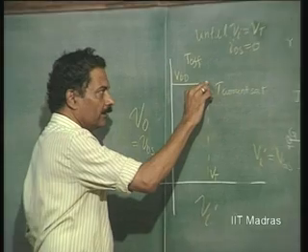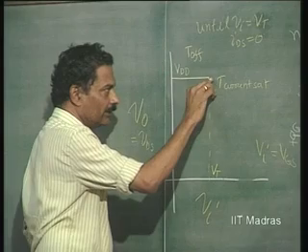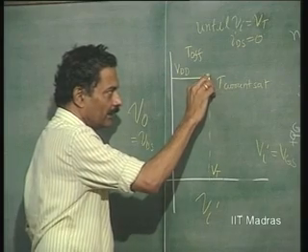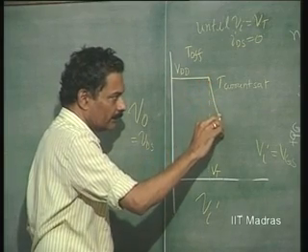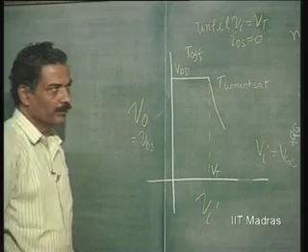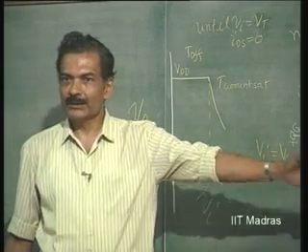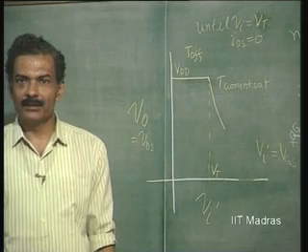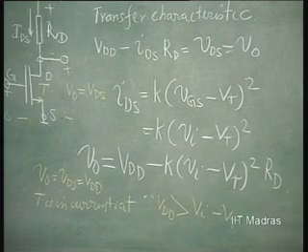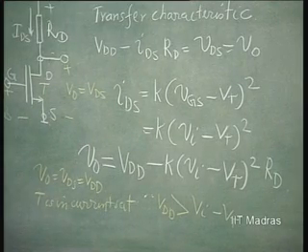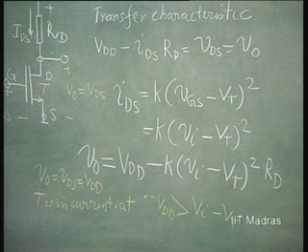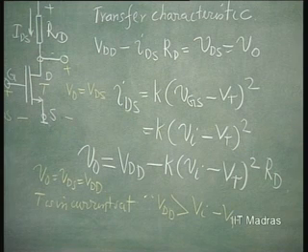Then this particular thing is going to decrease in square law. Something like square law means what? y is equal to x squared, that is a parabola.